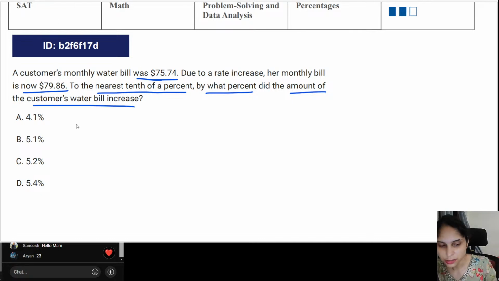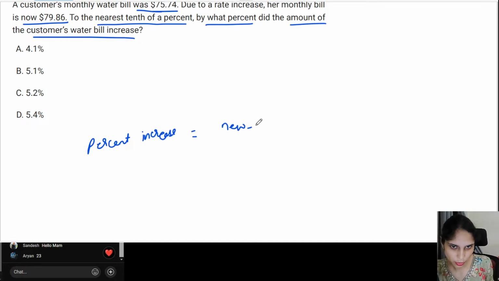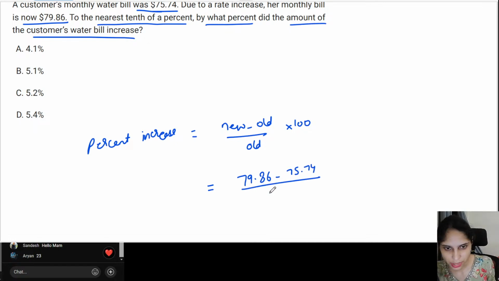So they're asking you to find the percent increase, and the first question we did, we use this formula. It's new minus old divided by old times 100. Change is 79.86 minus 75.74. Older one was 75.74 times 100.